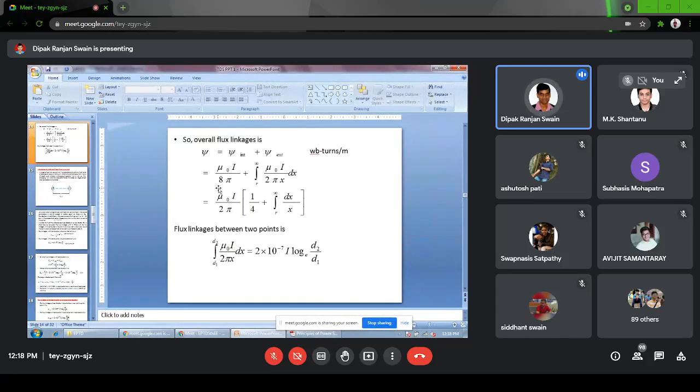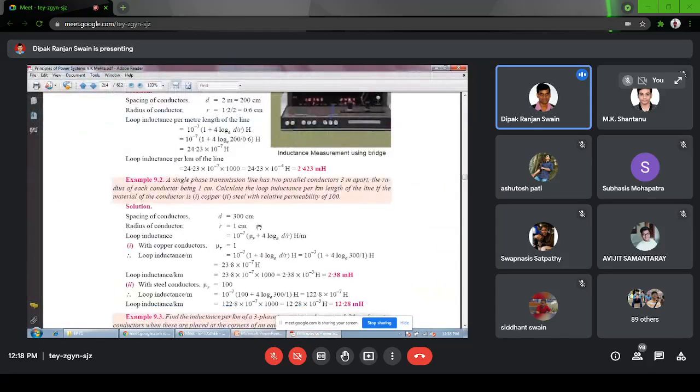So wherever mu 0 is there, mu R will automatically coexist with it. So if the value is not taken to be unity, or it is considered that it is not air, then you have to multiply that particular mu r in this equation. So the whole equation will be multiplied by the term mu r. Therefore, you can see the loop inductance is 10 to the minus 7 mu r plus ln D by R.